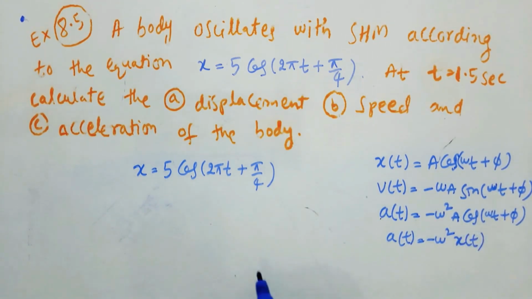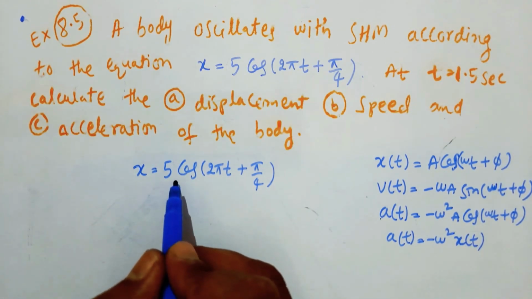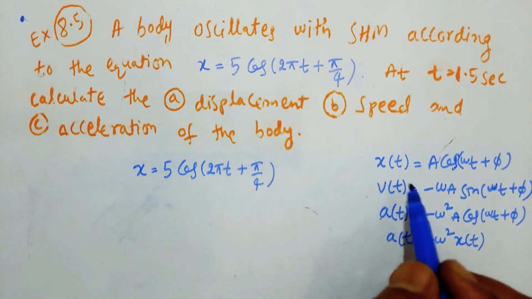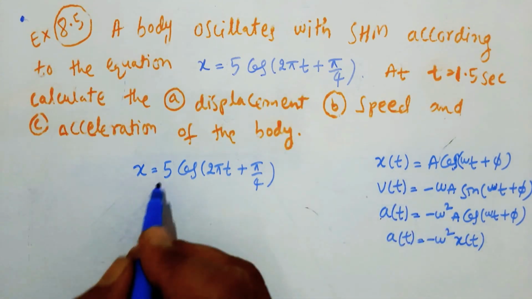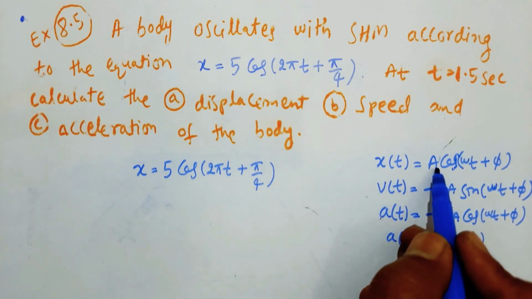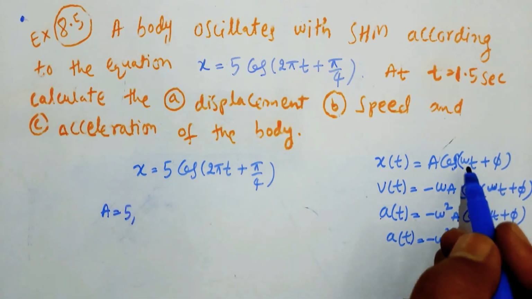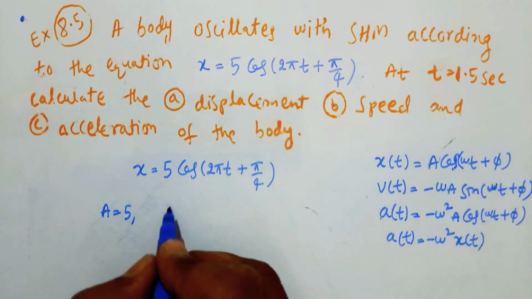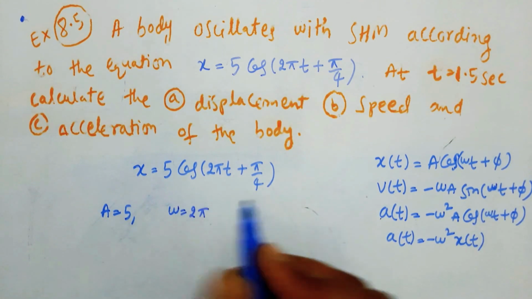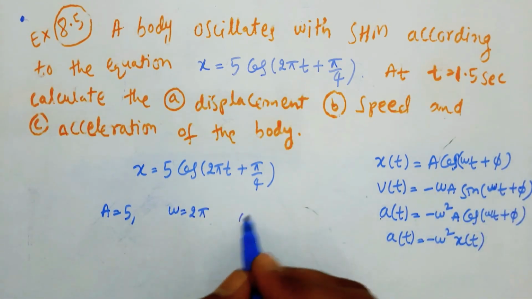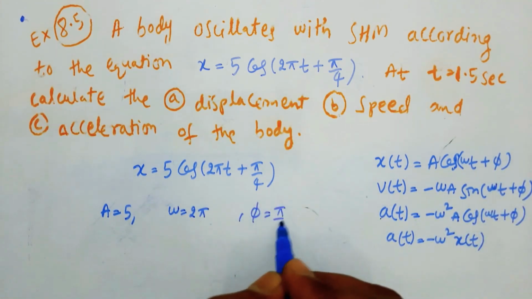So compare this equation with this. Here amplitude A is equal to 5, angular frequency omega is equal to 2 pi, and phase constant phi is equal to pi by 4.